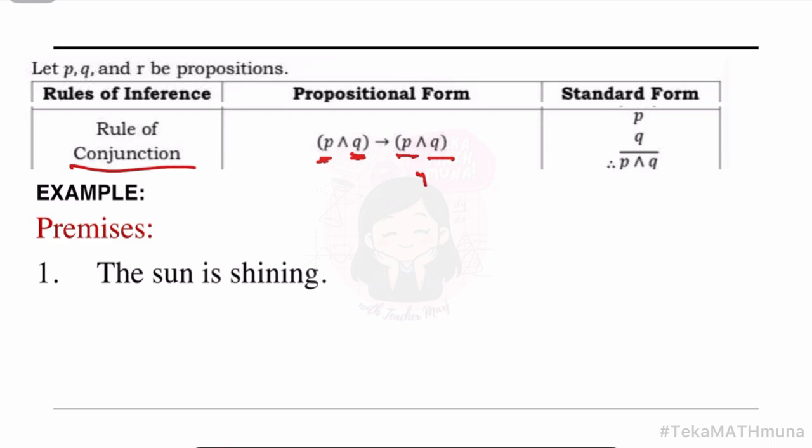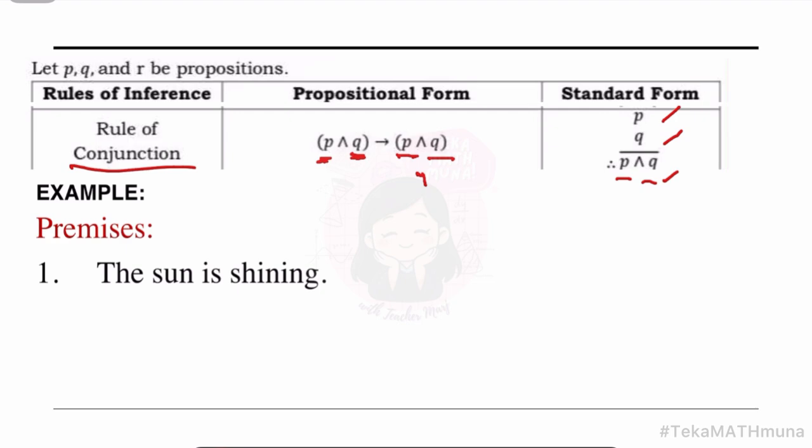Symbolically, if P and Q, then P and Q. Example, the sun is shining.